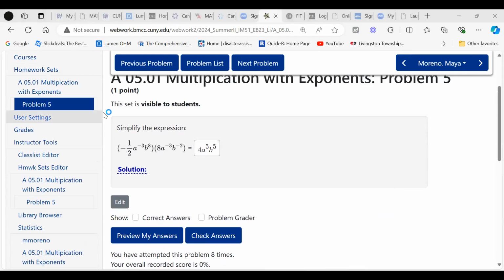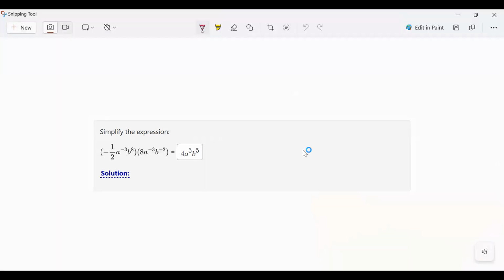Screenshot this. You've got to split it into 3 different elements. First one is a number. You're going to multiply by the number. Second one is to combine the exponent with base a, and then combine the exponent with base b. So negative half times 8 goes together.